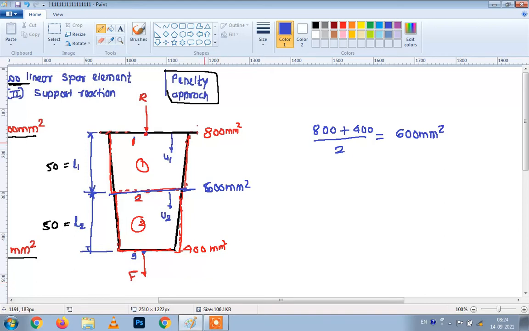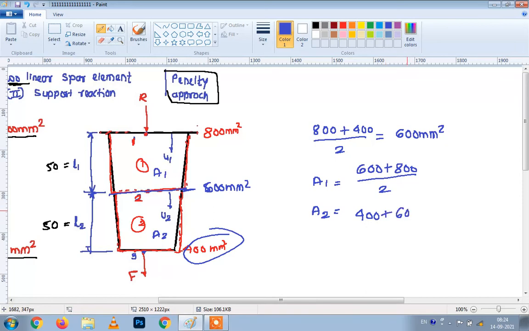Now we have to find out the average area for element number 1 and the average area for element number 2. For element number 1 it will be 600 plus 800 divided by 2, and similarly for element number 2, 400 plus 600 divided by 2.